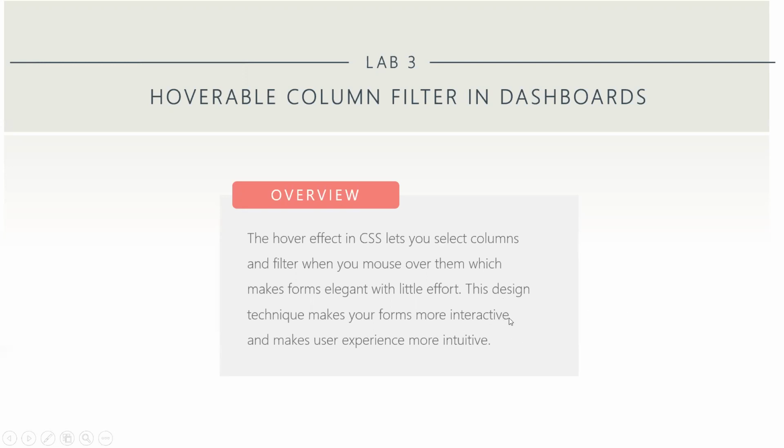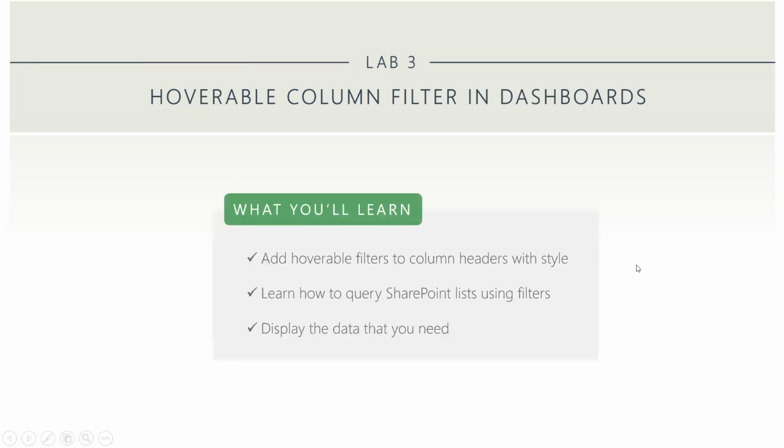This technique will make your forms, of course, more interactive, and it's like what SharePoint is displaying when you're in the form library. I think in classic mode, you can do filters with columns in SharePoint.